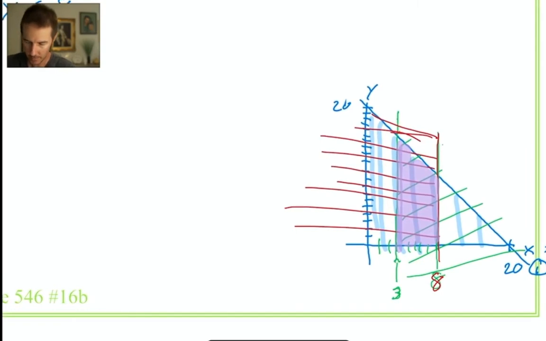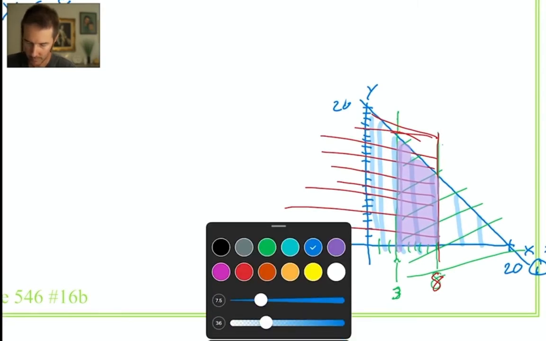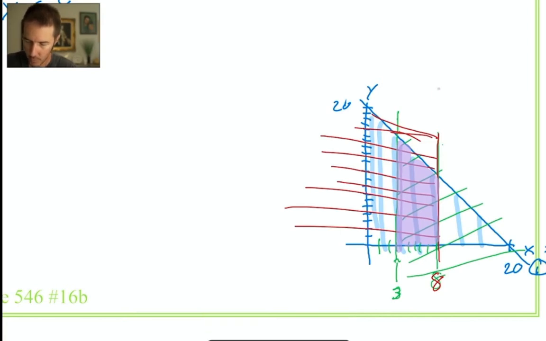We're going to come into here. I don't know what color to use anymore. We need more colors, all the colors. Let's use this one. We're going to come in and look at this vertex, this one, and this one.